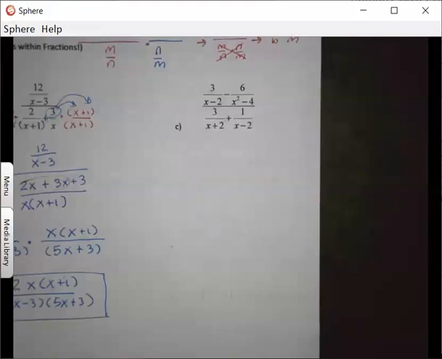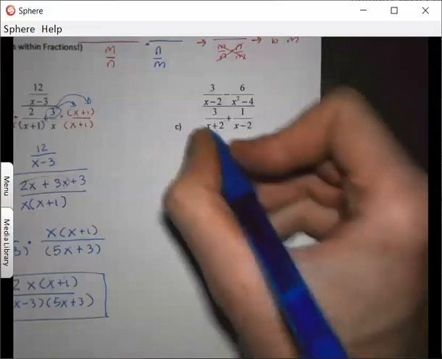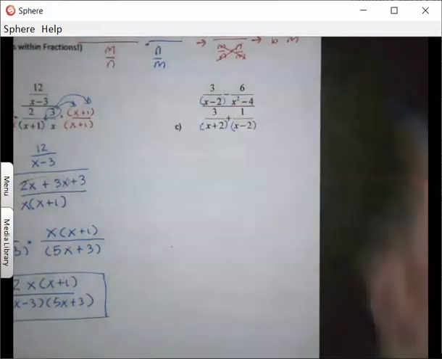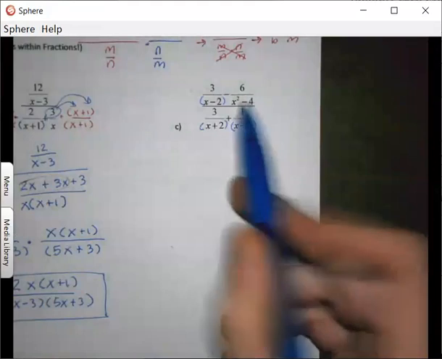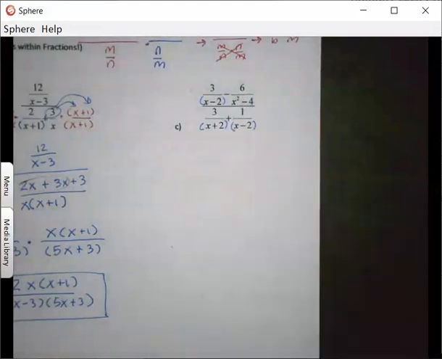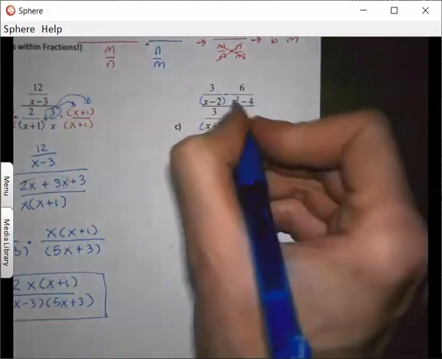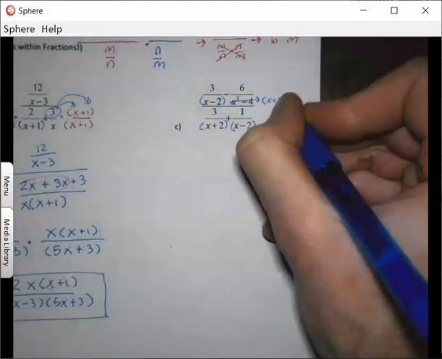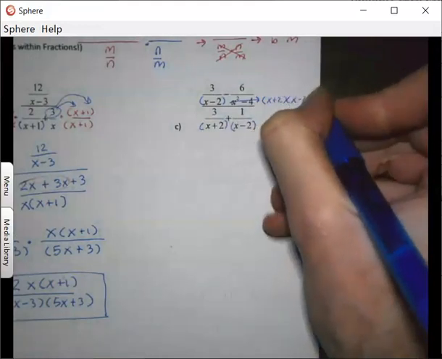So here, step 1, we want to make sure our denominators are factored. X plus 2 is good, x minus 2 is good. X squared minus 4, that's difference of squares. So I can write that as x plus 2 times x minus 2.